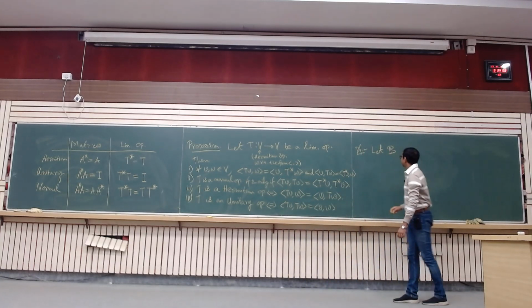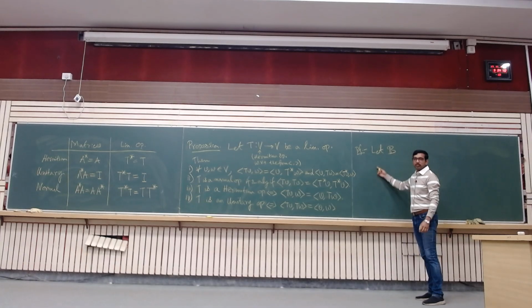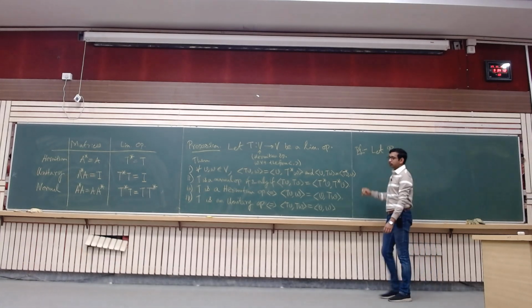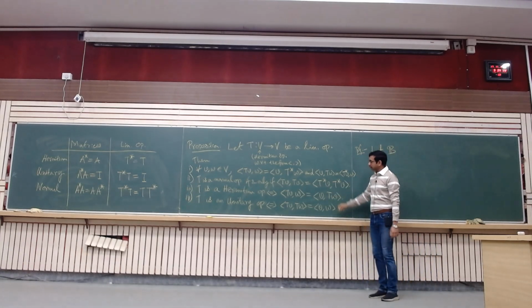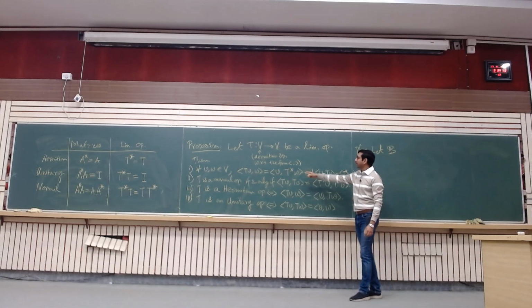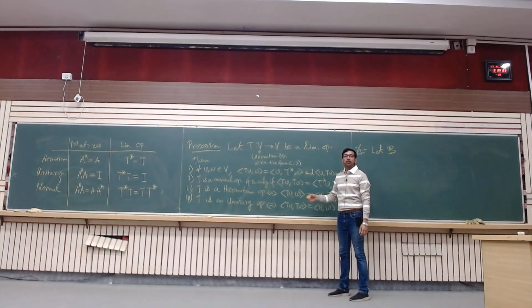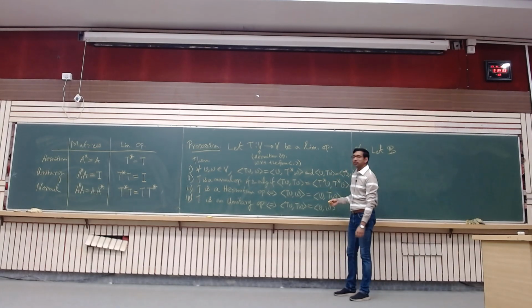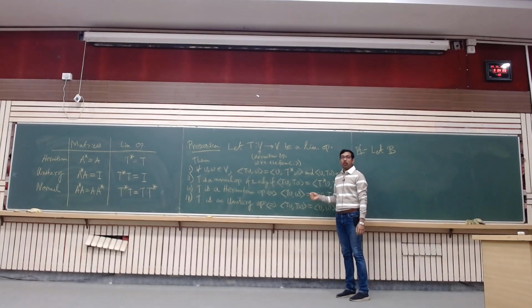Yes, we are going to use the matrix with respect to some basis. So we choose B to be a basis. For the first one, we can take any basis. For the next ones, we would take an orthonormal basis because we defined the adjoint, well, actually, we defined the adjoint with respect to an orthonormal basis only. So actually, also for the first one, we require an orthonormal basis.